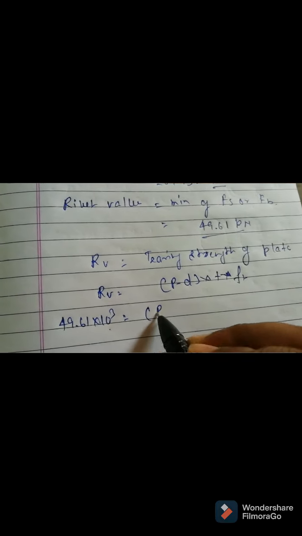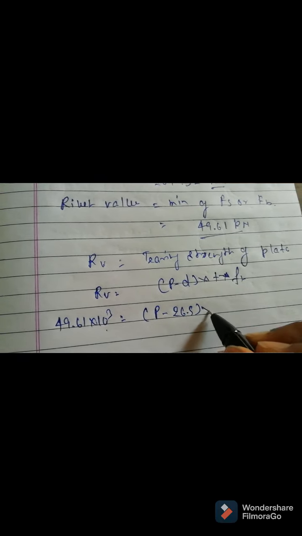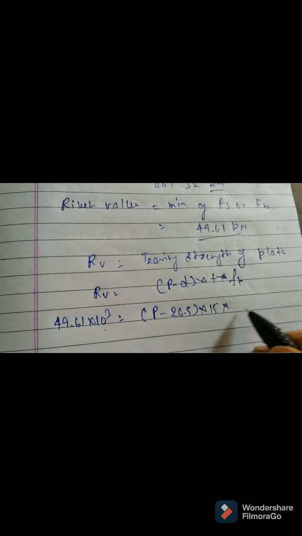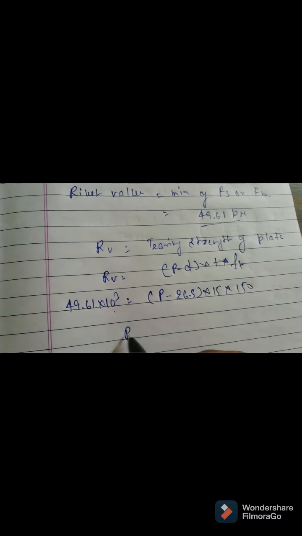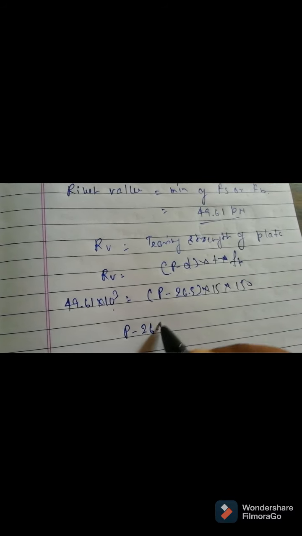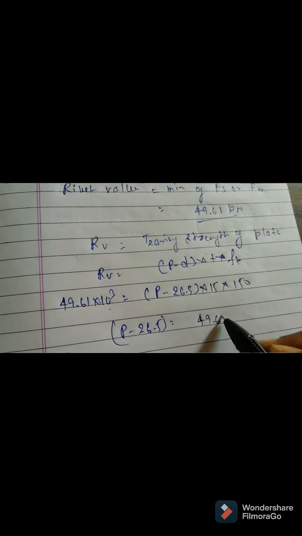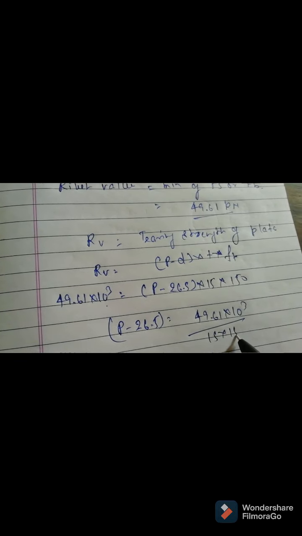So P, we have to determine. D is already known, that is 26.5. T is the thickness of plate, 15, into Ft, Ft equal to 150. So if you solve this, P minus 26.5 equal to 49.61 into 10 power 3 by 15 into 150.